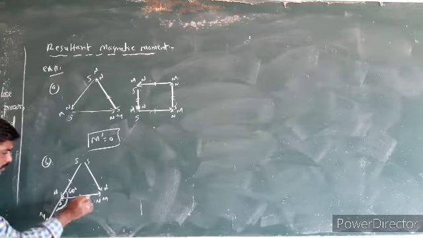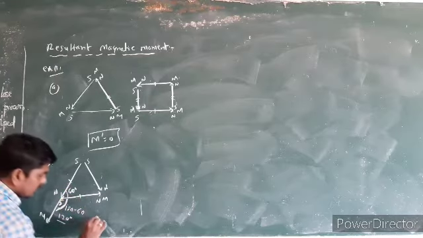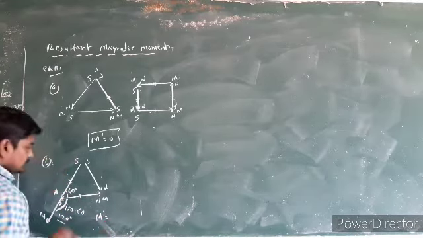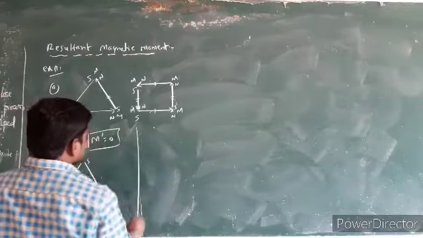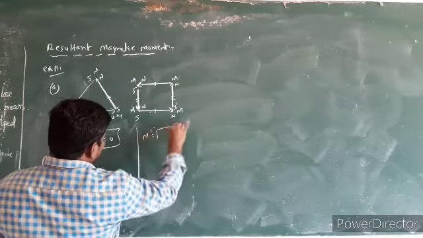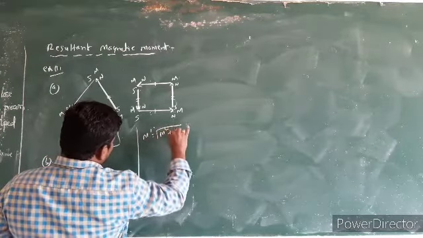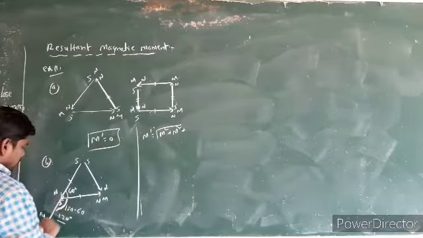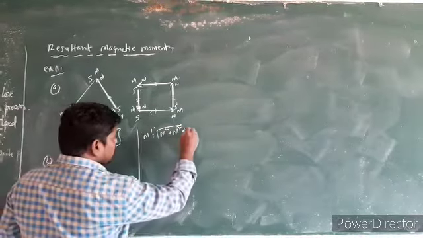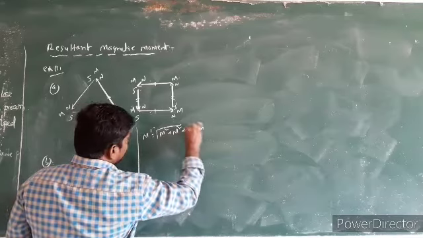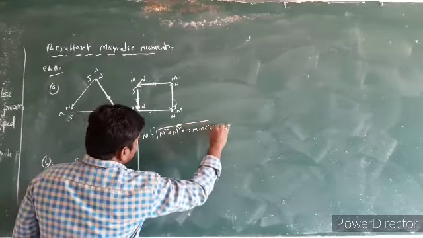Therefore, the resultant magnetic moment of these two bar magnets, I am writing m dash, is equal to root of m1 square plus m2 square, m square, since the magnets are identical, plus 2 m into m into cos 120.